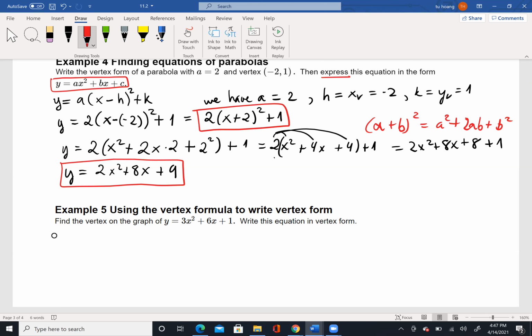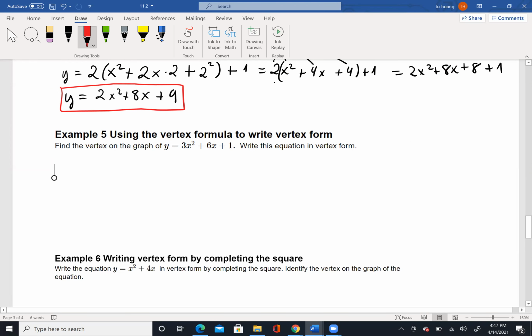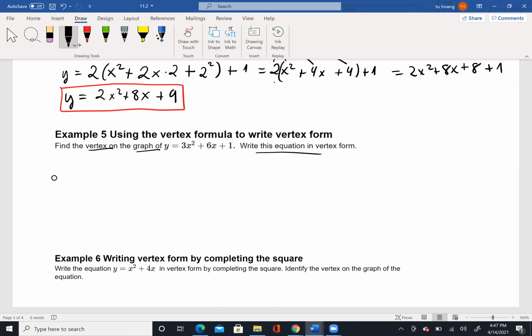So another problem in here is using the vertex formula to write the vertex form. So we want to find the vertex on the graph here and then write the equation in the vertex form. Okay, easily. In the previous session, I have shown you how to find the vertex, right?